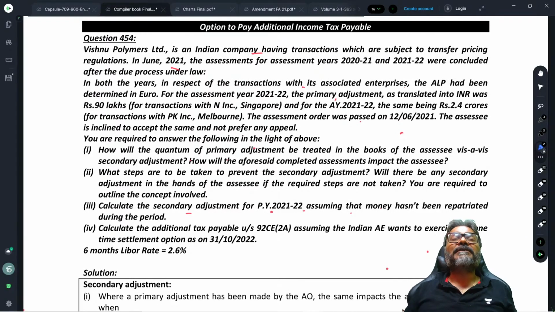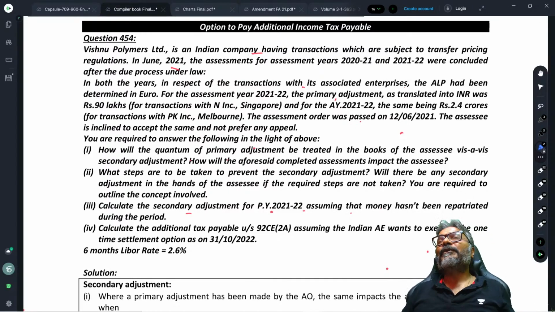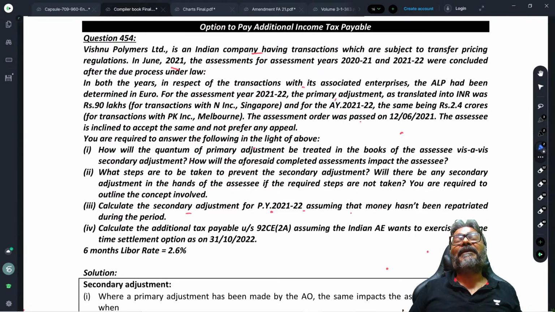Now you will say, sir, what is the relevant date? I'll tell you. Only 2 or 3 relevant dates you should remember, and from that relevant date you will count 90 days, within which you should bring this money in India.